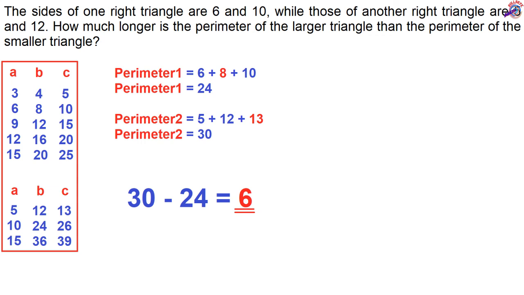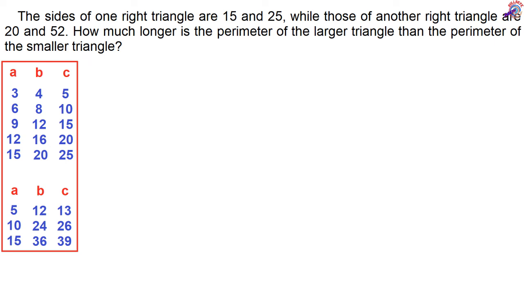To find those third sides, look at the list that we have. For 6, 10, the remaining side is 8. For 5, 12, the remaining side is 13. If you add them, the perimeter of the first triangle is 24, and for the second triangle it is 30. So 30 minus 24, the answer is 6.